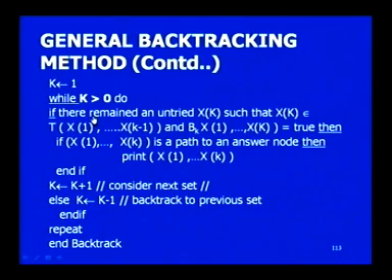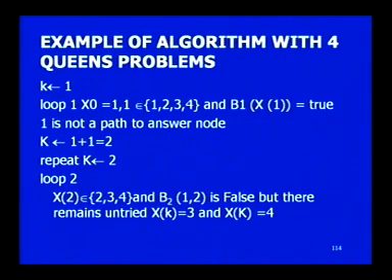You can just correlate this algorithm with the 4 queens problem which we had seen just now. You try to put the queen and see whether it leads to a solution or a dead end. If it is a dead end, you backtrack and proceed further. So, this is the tracing of the 4 queens problem.